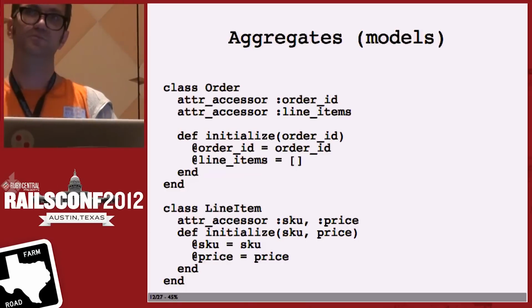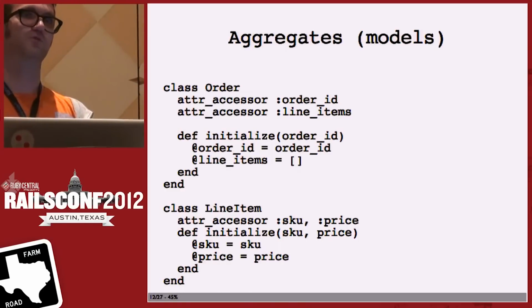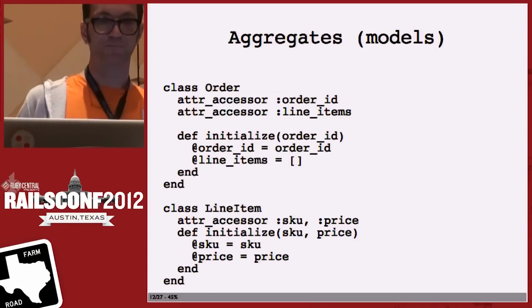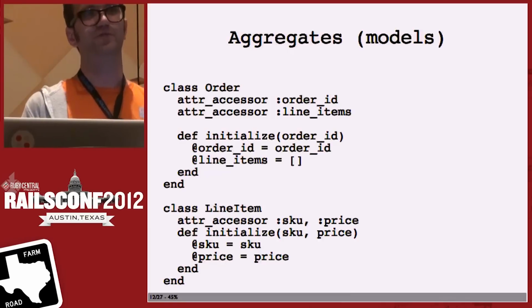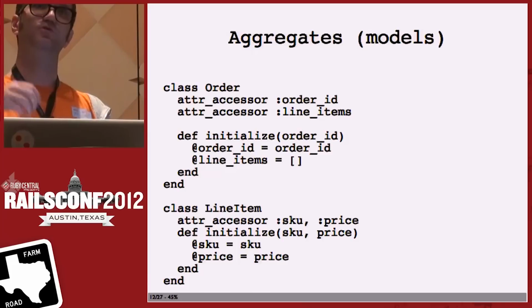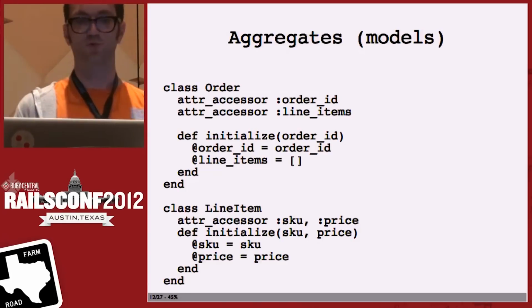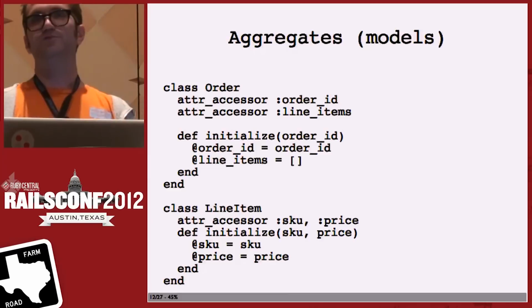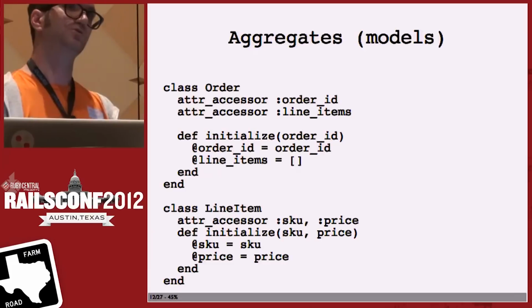An aggregate root is for all intents and purposes kind of like an ActiveRecord model. And any aggregates underneath that aggregate root don't make sense on their own. So it's kind of this tree of things. For example, in the case of an order, a line item by itself doesn't make sense. It doesn't really have any meaning.